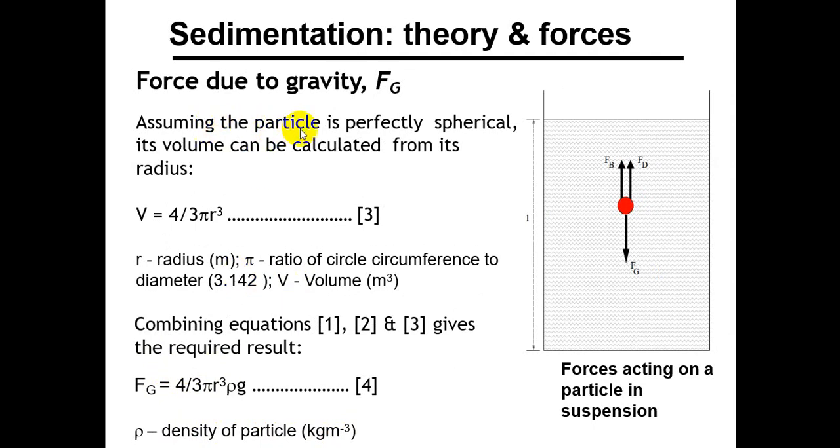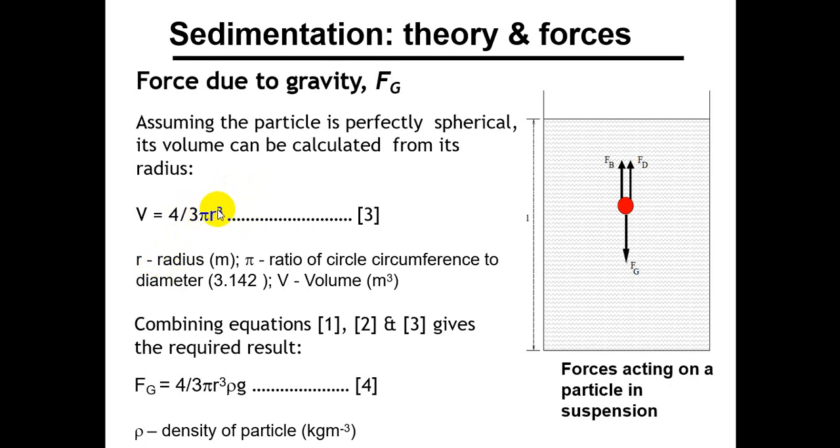Assuming the particle is perfectly spherical, its volume can be calculated from its radius. This volume over here is the volume of a sphere. This is a formula I did not derive; it's a constant formula, 4/3 pi r cubed, the formula for a sphere, because we are assuming that the particle is spherical and very small.